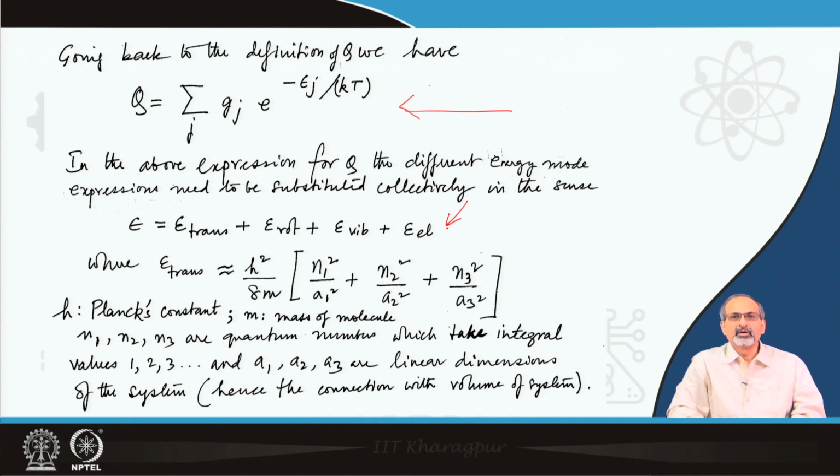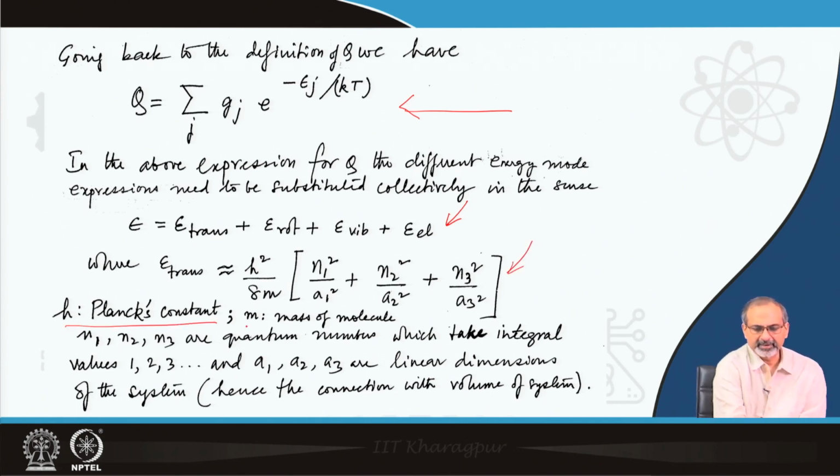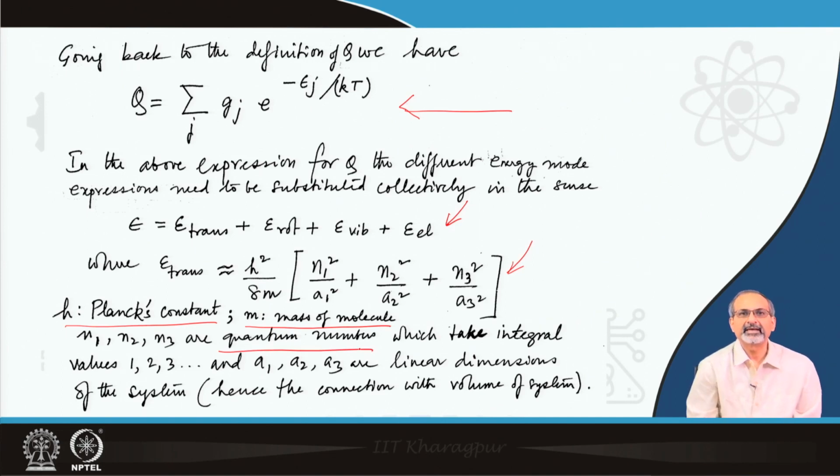Now, if we were to go deeper into the physics and try to find expressions for ε translation, here would be an expression from quantum mechanics, where h is Planck's constant, m is mass of a molecule of the gas, n1, n2, n3, which appear as squares in the numerators of the terms that you see within the bracket, are quantum numbers which can take only integral values like 1, 2, 3, as well as 3 more parameters A1, A2, A3, which are basically linear dimensions of the system.